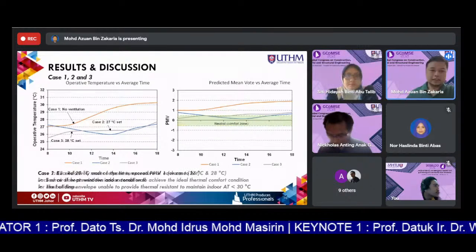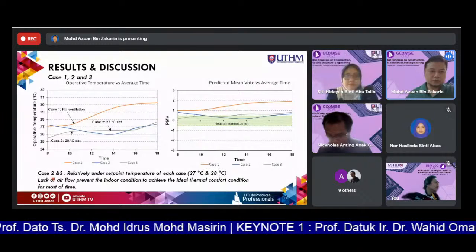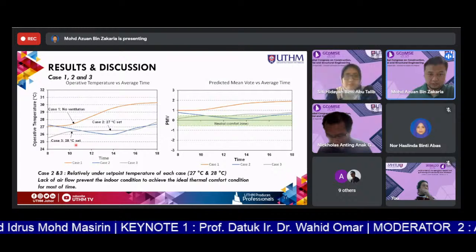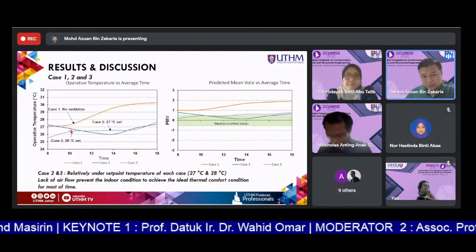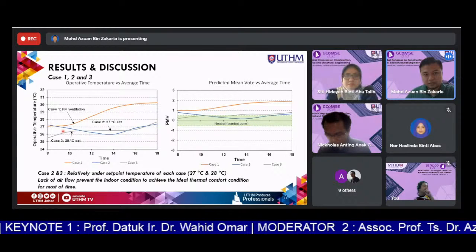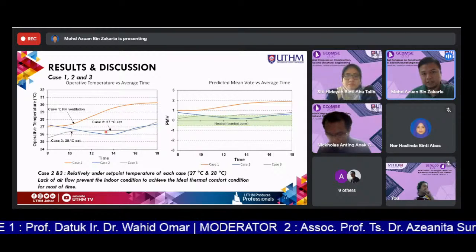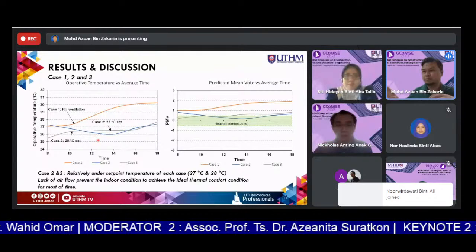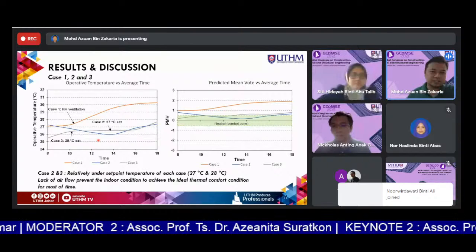Okay, let's look at case 2 and case 3, where in case 2 we set 27 degrees Celsius and 28 degrees Celsius in case 3. When we switch on the air conditioner, of course the indoor condition falls to the setting temperature with this building mechanical ventilation system.